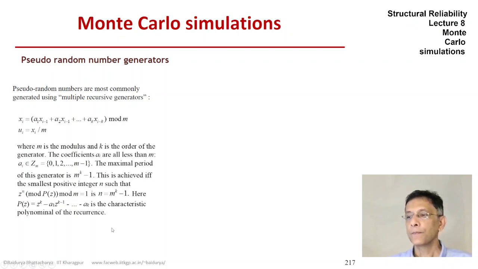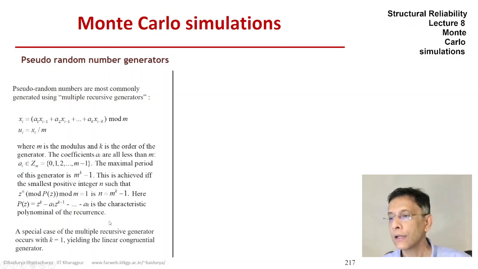Now, when k is equal to 1, we have the classical linear congruential generator, which we are going to look at in the next slide in some detail.